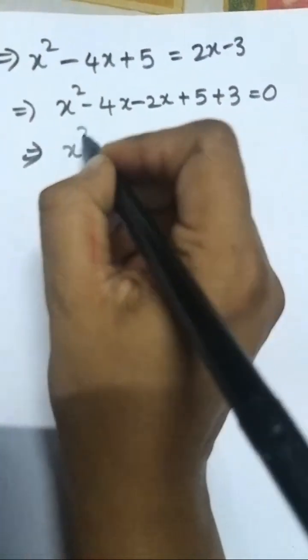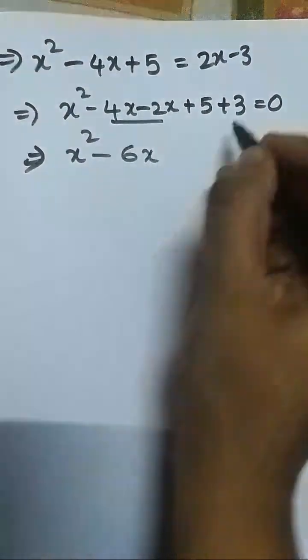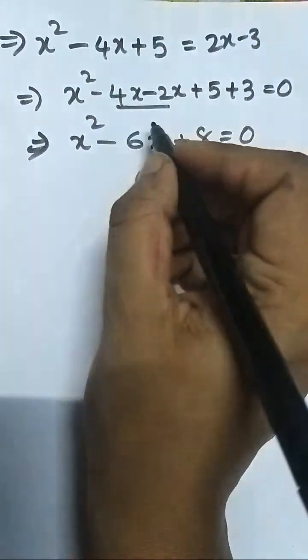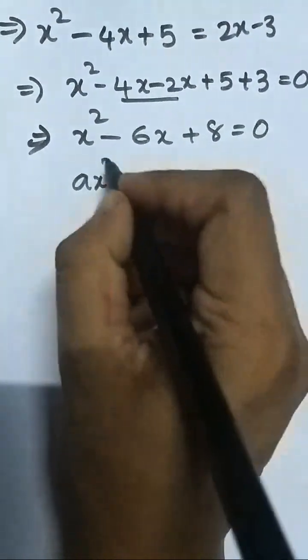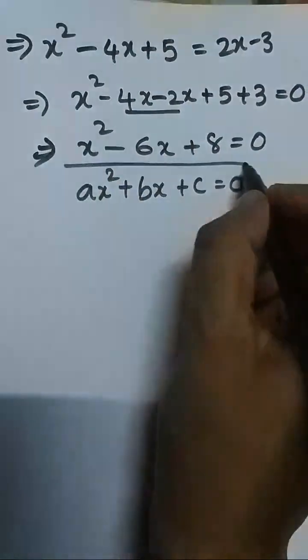Now x square minus 4x and minus 2x means minus 6x, plus 8 equal to 0. Now we obtain this equation in decreasing powers of variable x, and comparing to this we get the equation in the standard form of a quadratic equation.